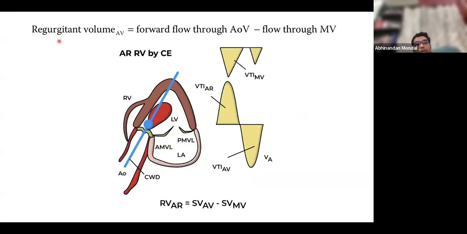Similarly, the forward flow through the aortic valve minus the flow through the mitral valve will be the regurgitant volume of the aortic valve in AR.